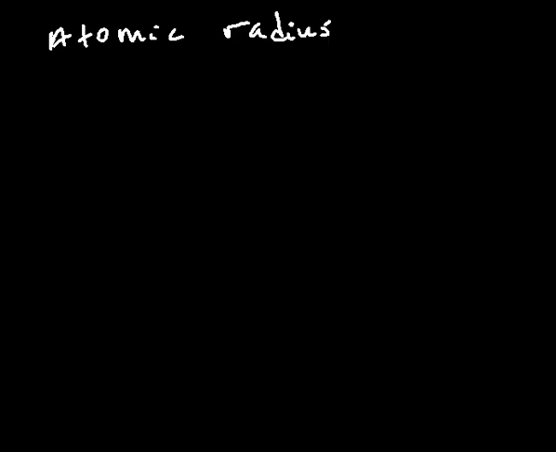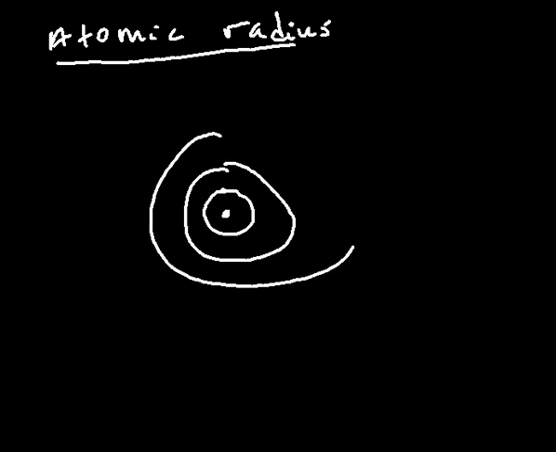In other words, the distance from the center of an atom to the outermost shell is what we call the atomic radius. Let's say this is a typical atomic structure, and this is the center, and these are the number of shells. The distance from the center to the outermost shell corresponds to the atomic radius. That's the point of interest.